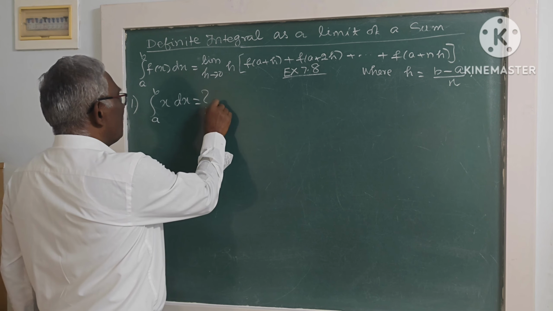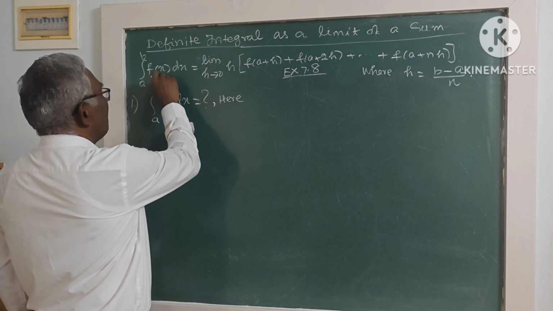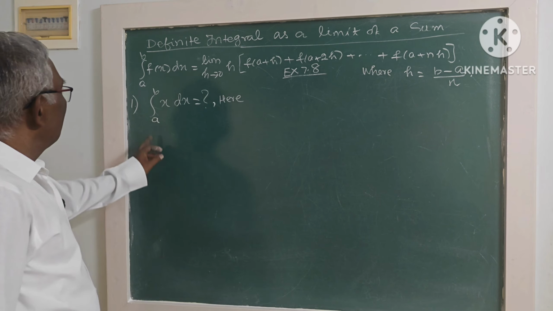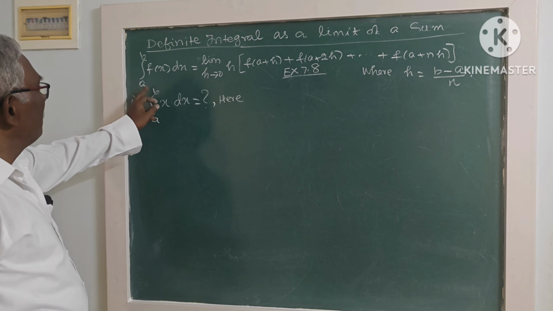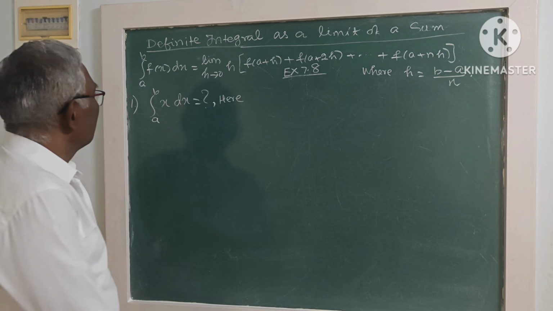So in this problem, if we compare this with this definition, we get a is equal to a only, b is equal to b only, and f of x is x.